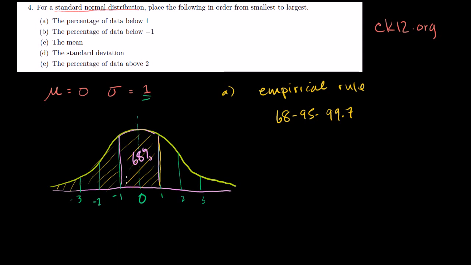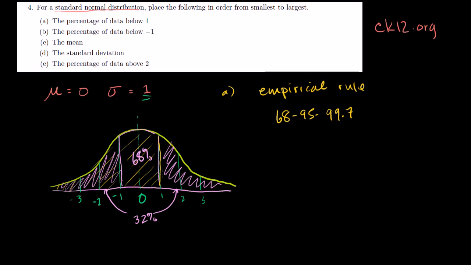Now, if that's 68%, everything else combined has to add up to 100%. So this left-hand tail, plus this part right here, combined are 32%. 32 plus 68 is 100.